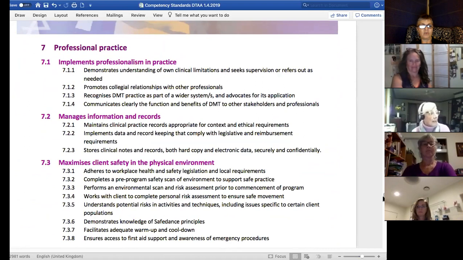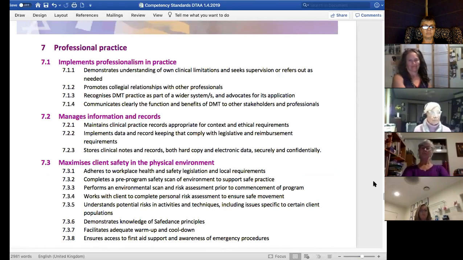These are all things that are, of course, very basic to professional practice and the idea of professionalism in practice. So, again, we'll just whiz through them and let you read them. But the first one I think is kind of interesting simply because it points out that we need to be able to recognize our clinical limitations and our ability to seek supervision or refer out.